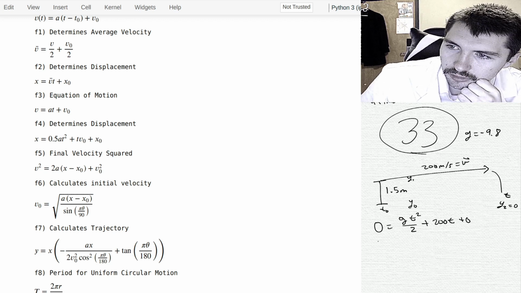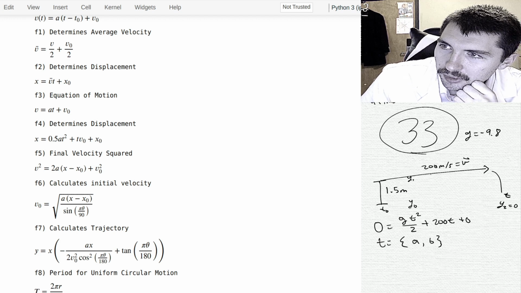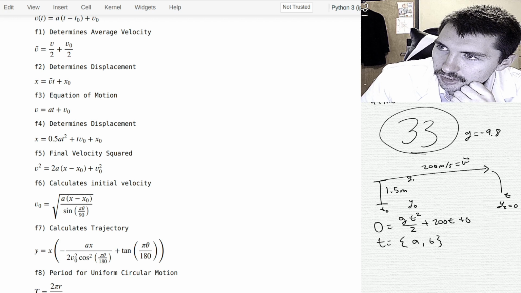So t should be two answers, a and b. Because this will be like a quadratic, we should get a peak value and then this value. So we're going to want the bigger t.